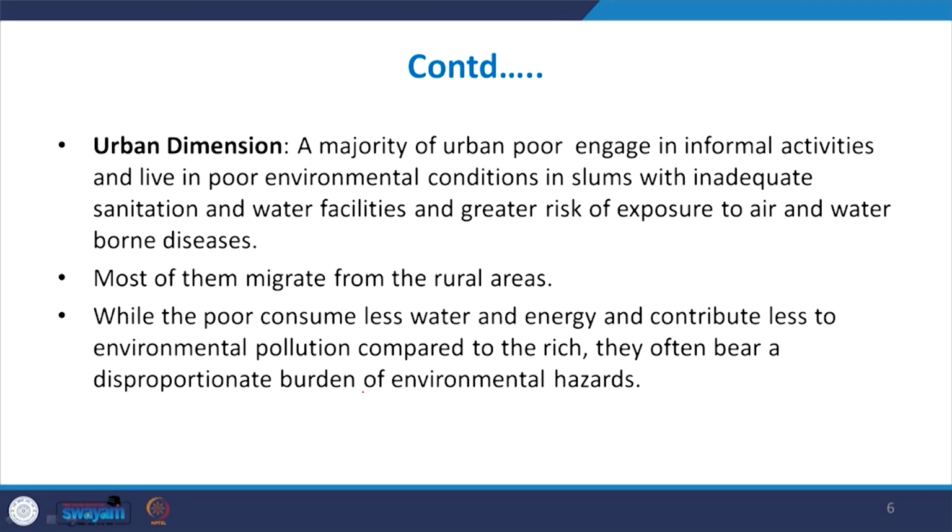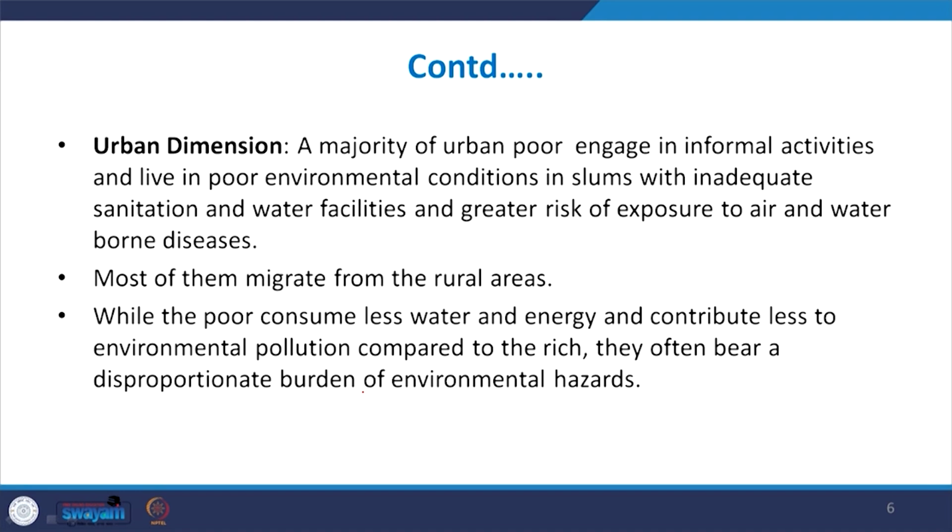So, in urban areas, when industrial pollution occurs, when air pollution occurs, when water pollution occurs due to release of wastewater into the water bodies, then the most sufferers are the poor people living in the urban areas.